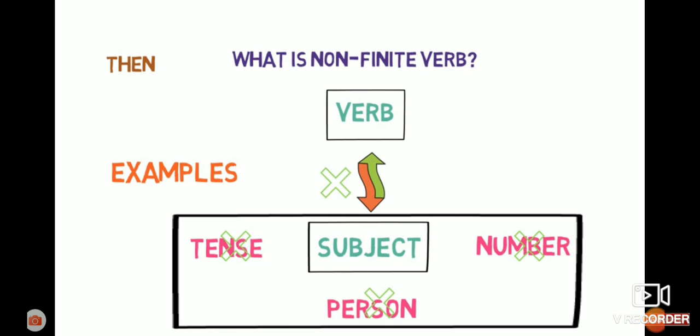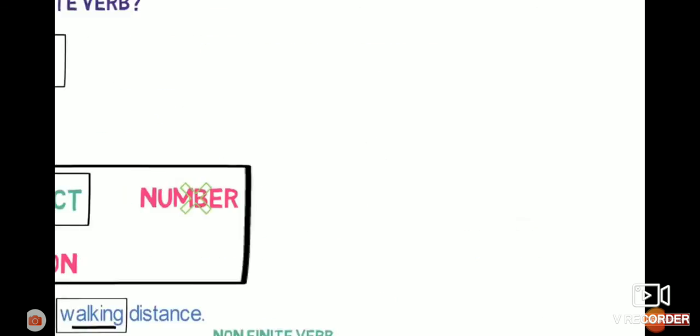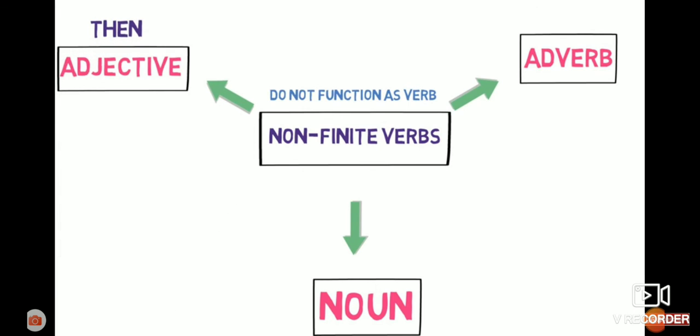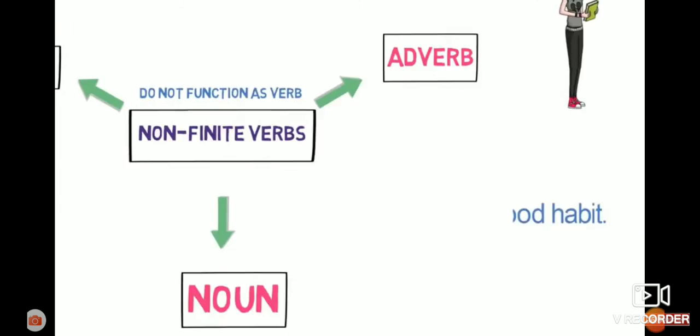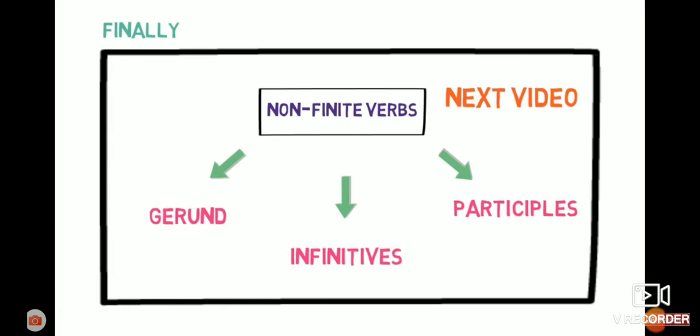It doesn't change as per the tense, person, and number. Then we understood the usage of non-finite verb in the sentence. They are used as adjective, noun, and adverb in the sentence. Finally, we showed the division of non-finite verbs. They are divided into three parts: participles, gerunds, and infinitives.